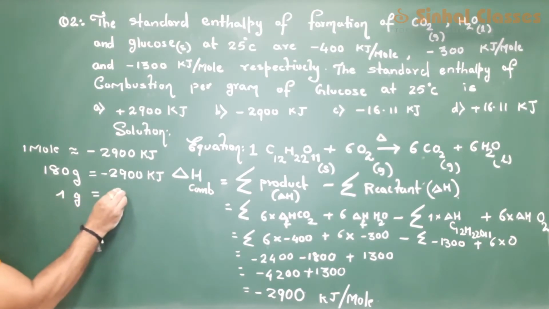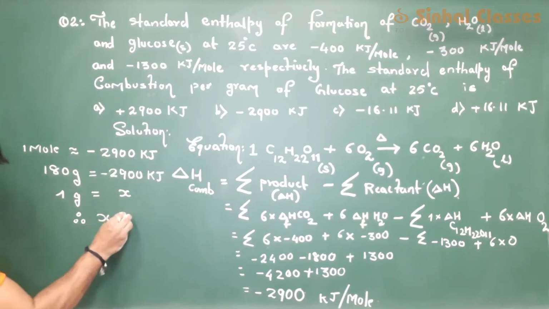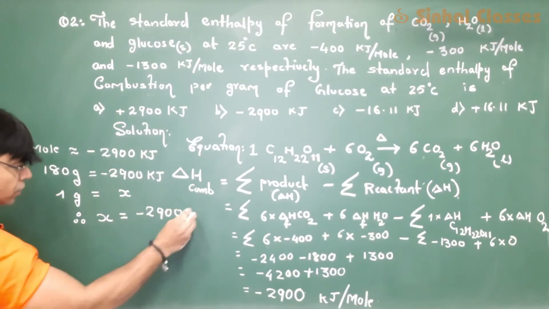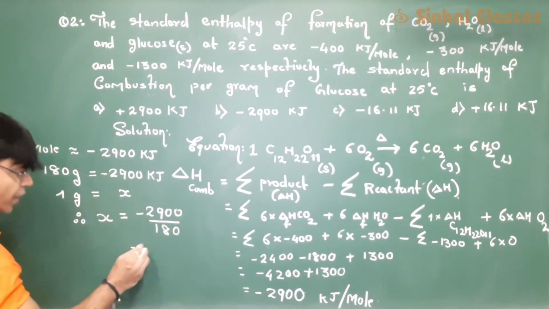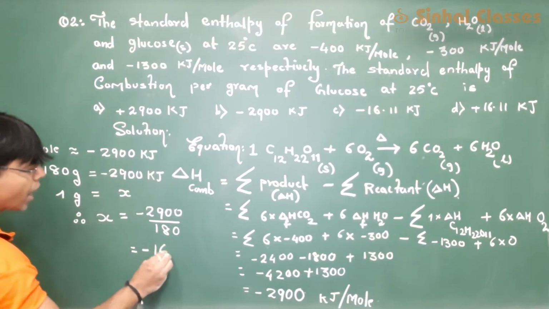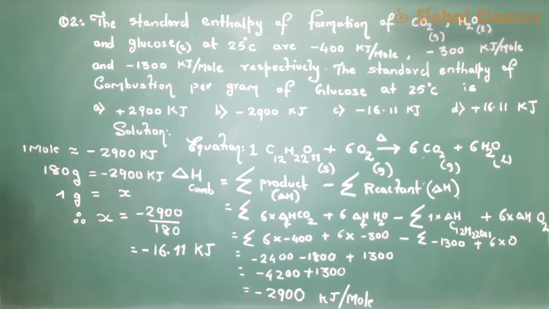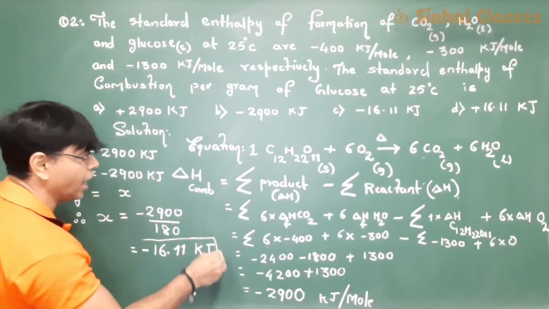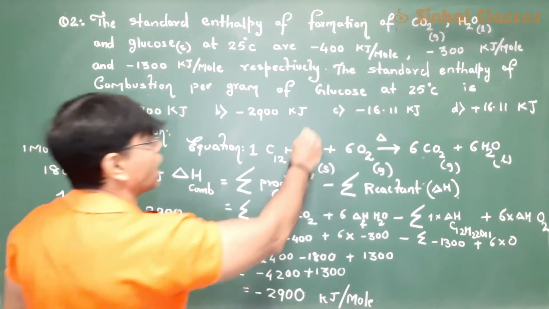So 1 gram will give you X. Therefore, X will be minus 2900 divided by 180. This comes to minus 16.11 kilojoules is your final answer. So the final answer for this question is minus 16.11 kilojoules.